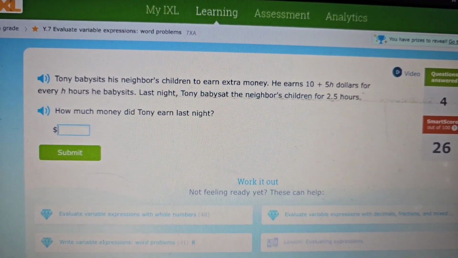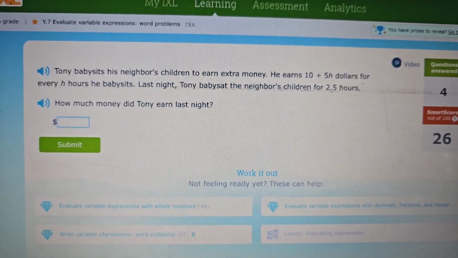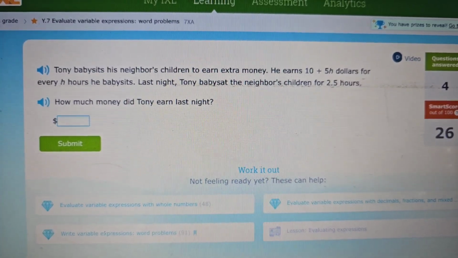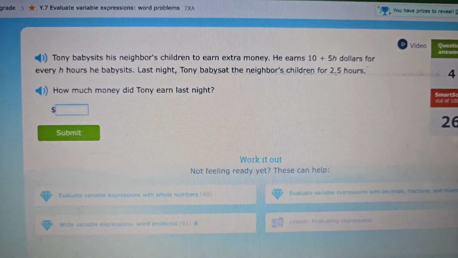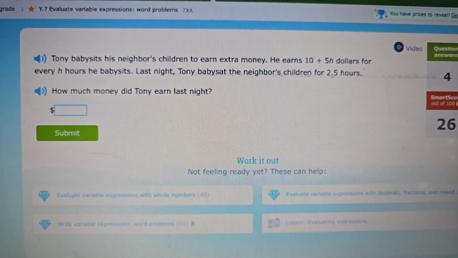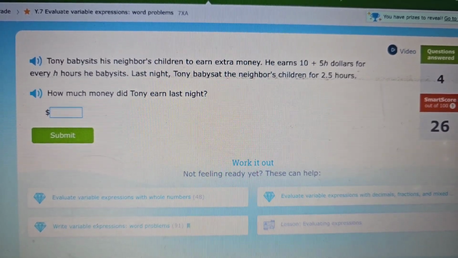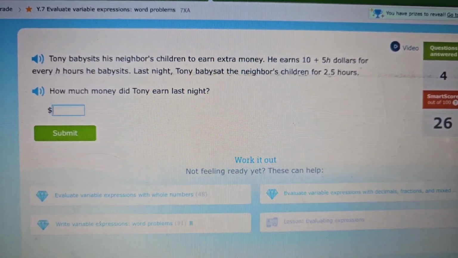Okay, so now we are doing problems involving evaluating variable expression word problems. There are a few parts that you need to pay attention to. Let's read this question together. Tony babysits his neighbor's children to earn extra money. He earns 10 plus 5 dollars for every hour that he babysits.